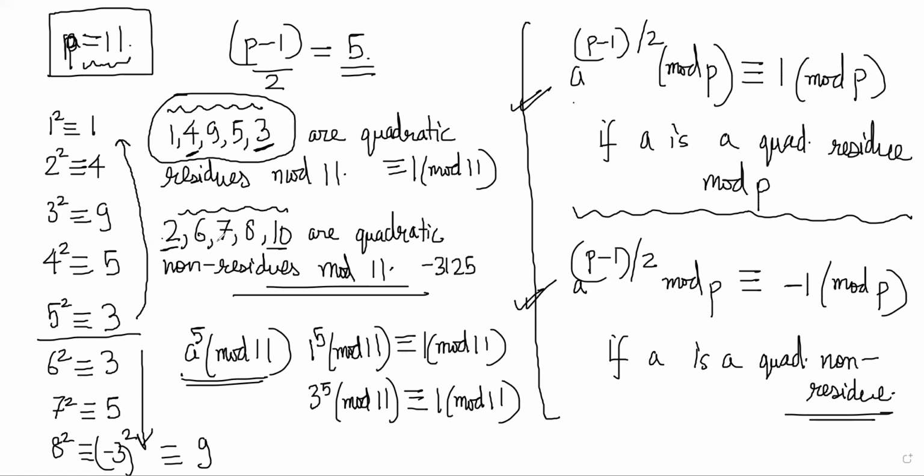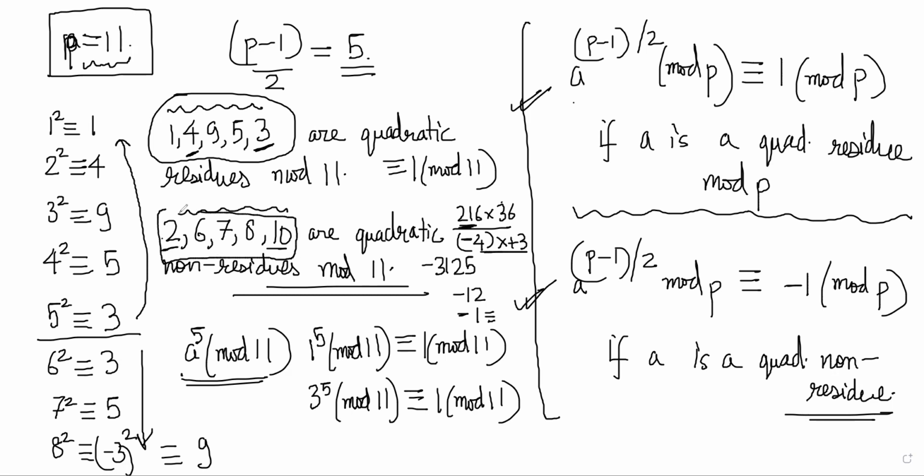Or you can just calculate it directly: 216 times 36. 216 is minus 4 mod 11, and 36 is plus 3 mod 11, right? So this is minus 12, which is minus 1 mod 11. So you can confirm it yourself.